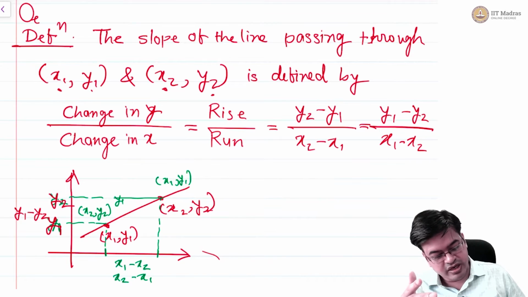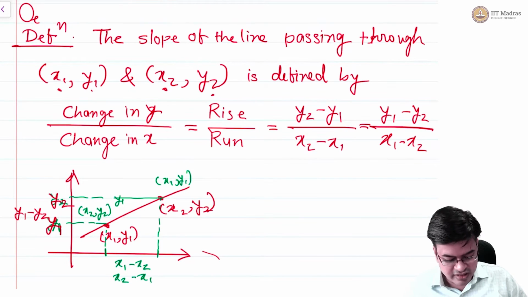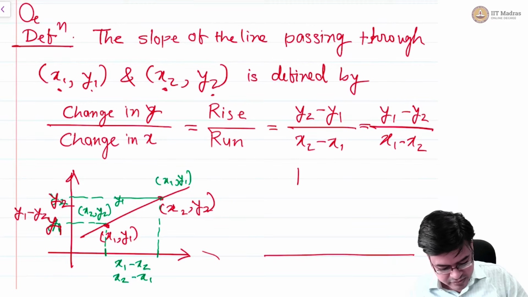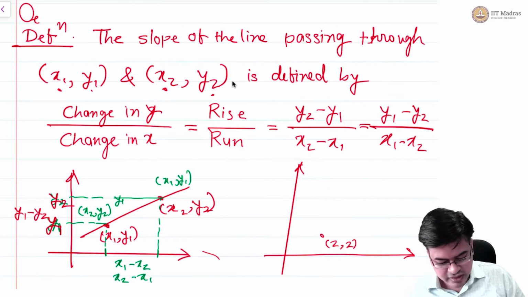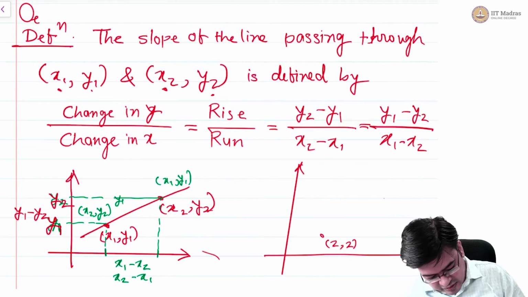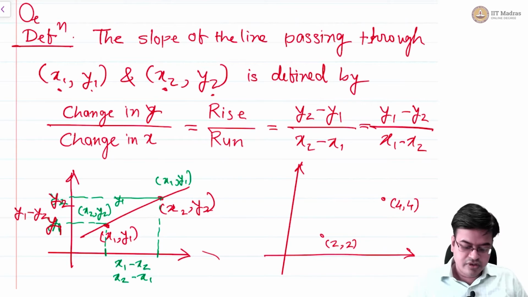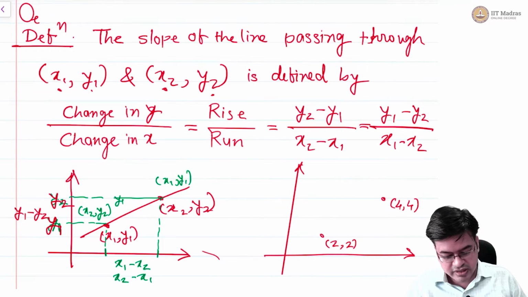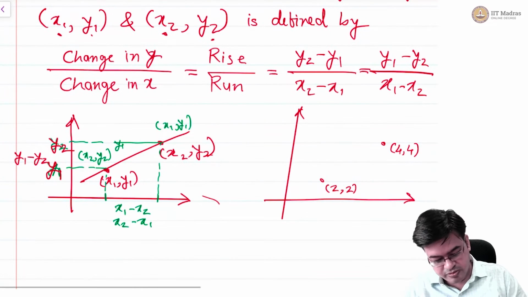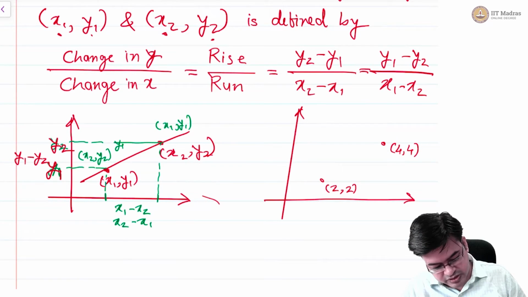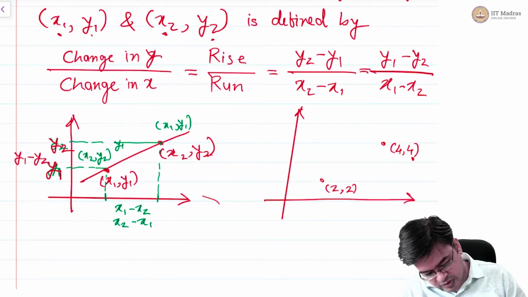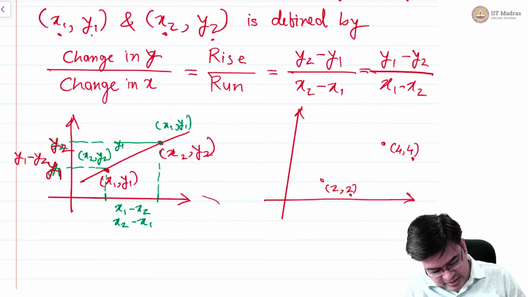That means while computing the slope, let us take one example to be very clear about this particular factor. So let us say this point is 2 2 and let us say we have another point, 4 comma 4. Now when you are considering the distance or the slope according to this formulation, you should consider 4 and 2 on the y-axis.